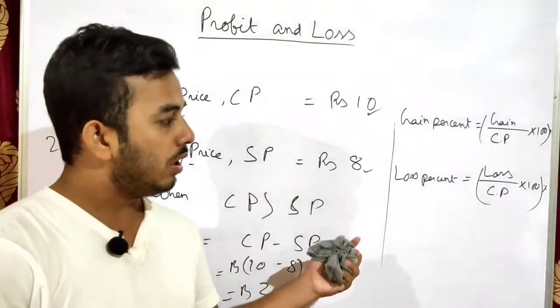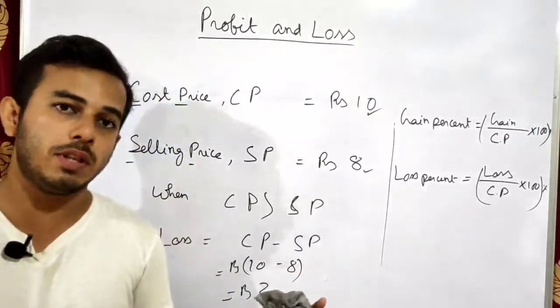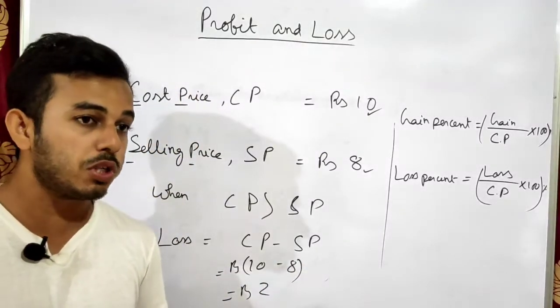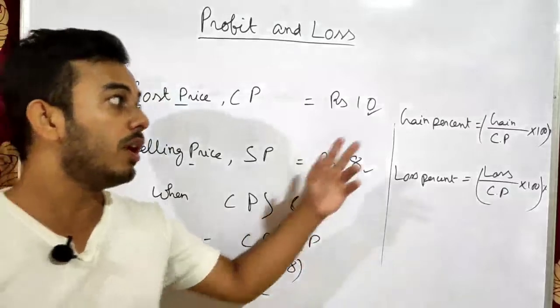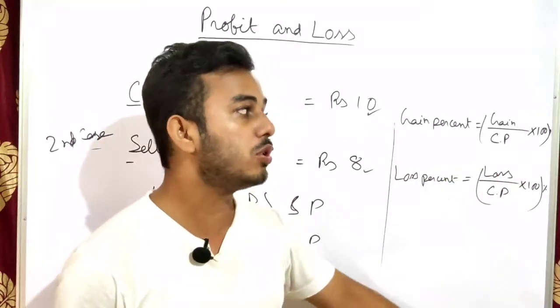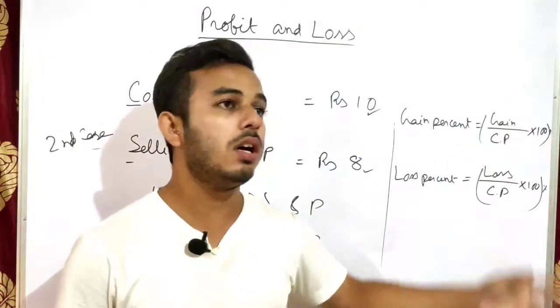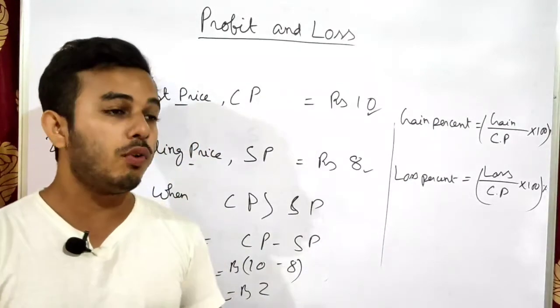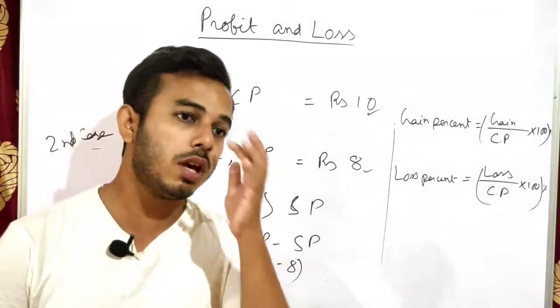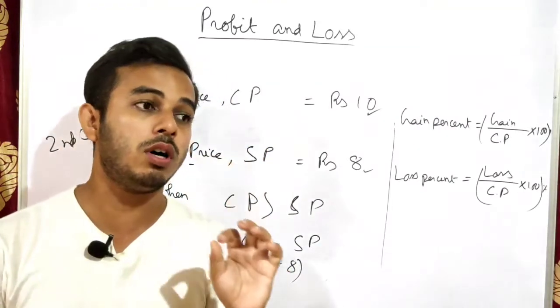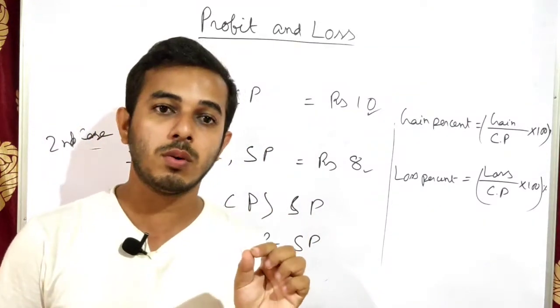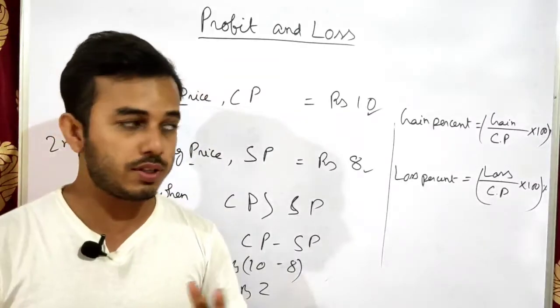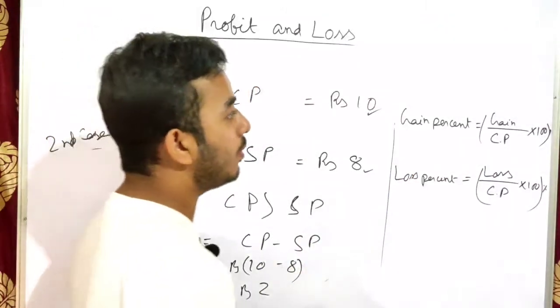So now consider, if CP is not given in the question, how can we find it out? For example, gain percent is also not given, CP is also not given, only gain is given. Here there are 3 values, isn't it?